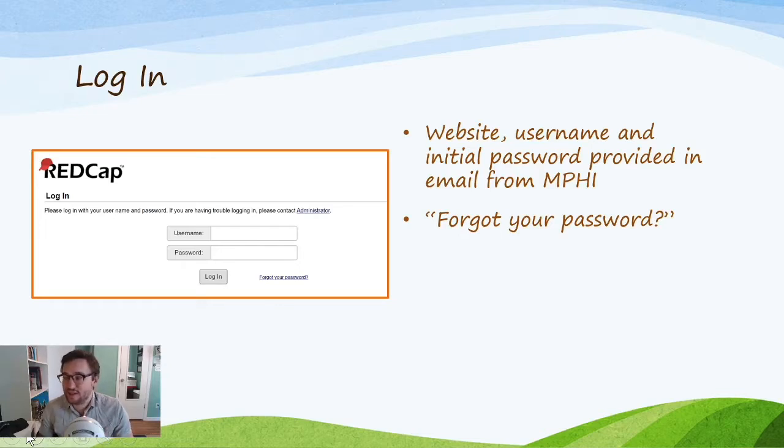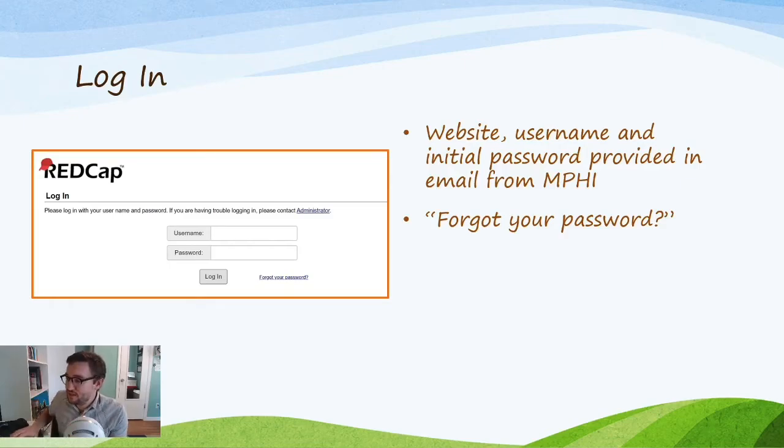After you log in for the first time, you can change that password to whatever you would like, as long as it's secure, of course. If you by chance forget your password, you are welcome to click the link at the bottom of the screen that says forgot your password, and that will get you in contact with one of our lovely admins here at CHC, which is helpful because they should know where you're at and all of your account information and all that good stuff.